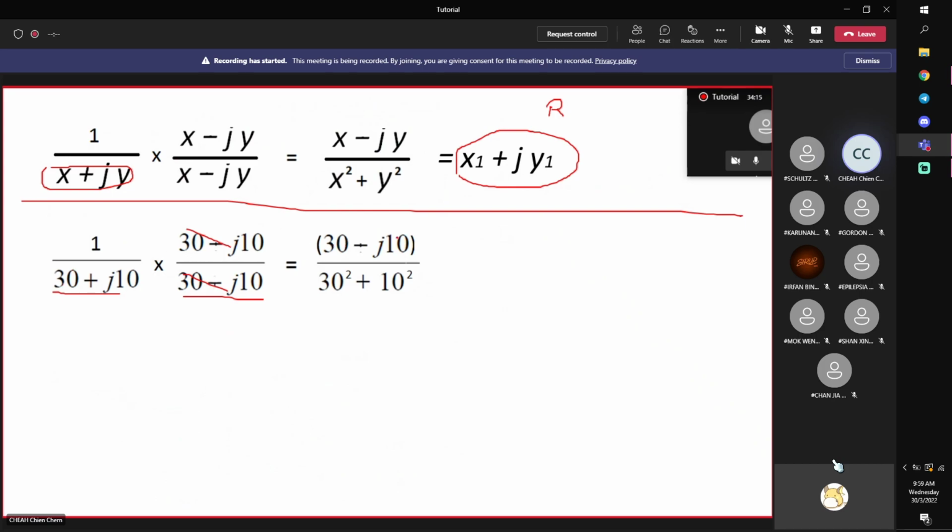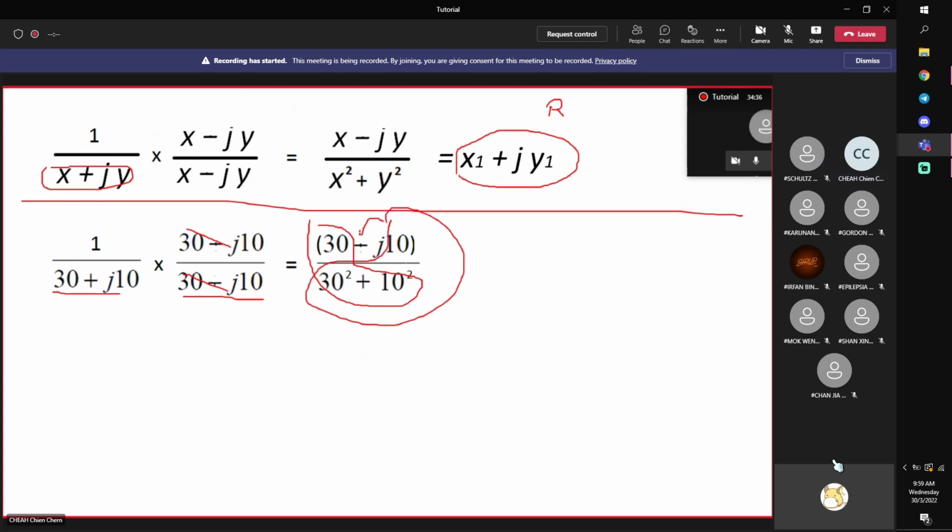Okay, after that, it just means that you reverse the sign of your complex number and then divide by the square of the modulus, x squared plus y squared, right? No square root. So it's 30 square plus 10 square, and this is your real part now, and this is your imaginary part.